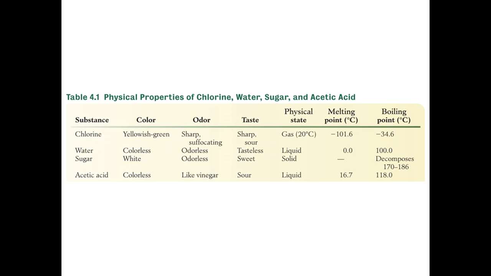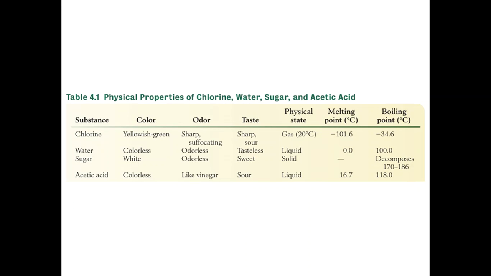So just to summarize, physical properties are those properties that, when observed, do not involve a change in the composition of the substance, while a chemical property, when observed, involves a change in the composition of the substance. So what you see here on the screen is a short list of different substances and their physical properties.